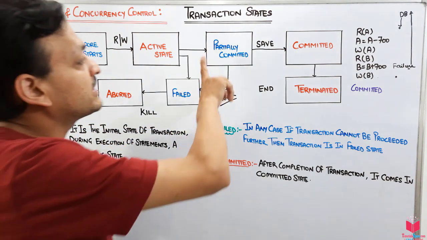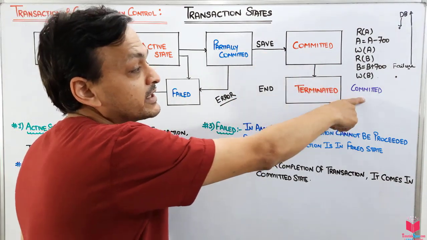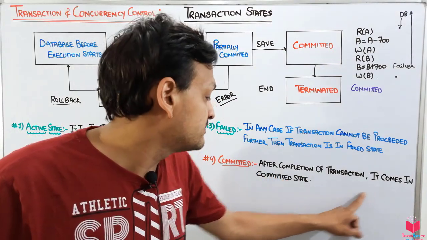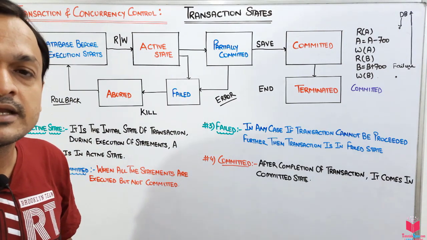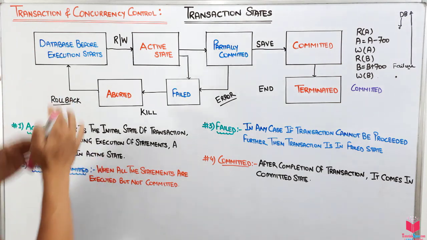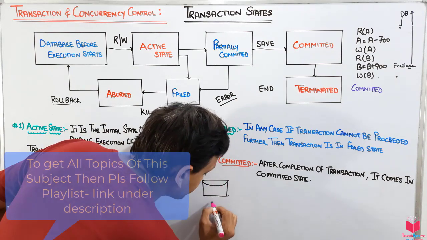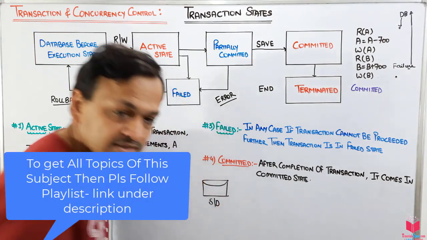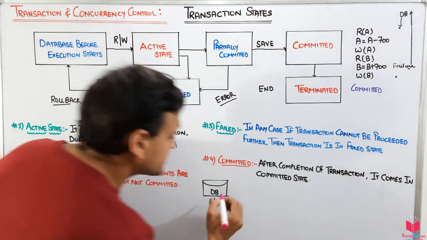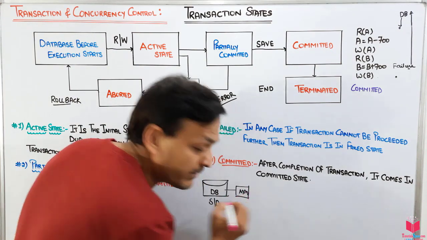Then after partially committed, we will do the commit. Committed means that after completion, the transaction comes into the committed state. First of all, the database is kept on the secondary disk. When we start the active state, a part of that program moves to main memory.